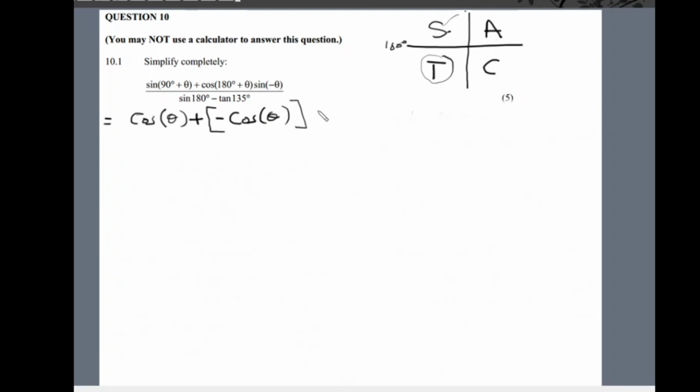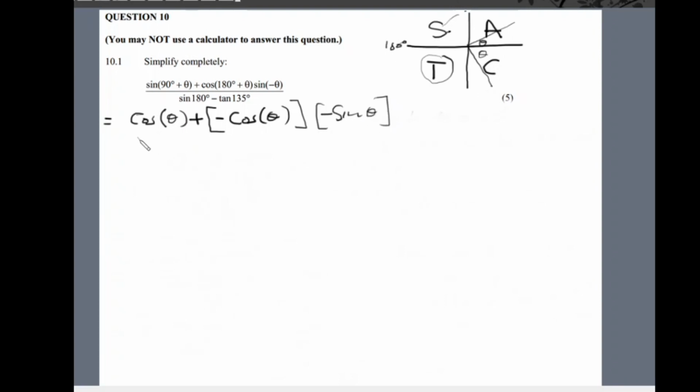Then sine minus theta is like a reflection about the x-axis of this angle. So sine minus theta is in the fourth quadrant, and in the fourth quadrant only cos is positive, so we will have minus sine theta, right?